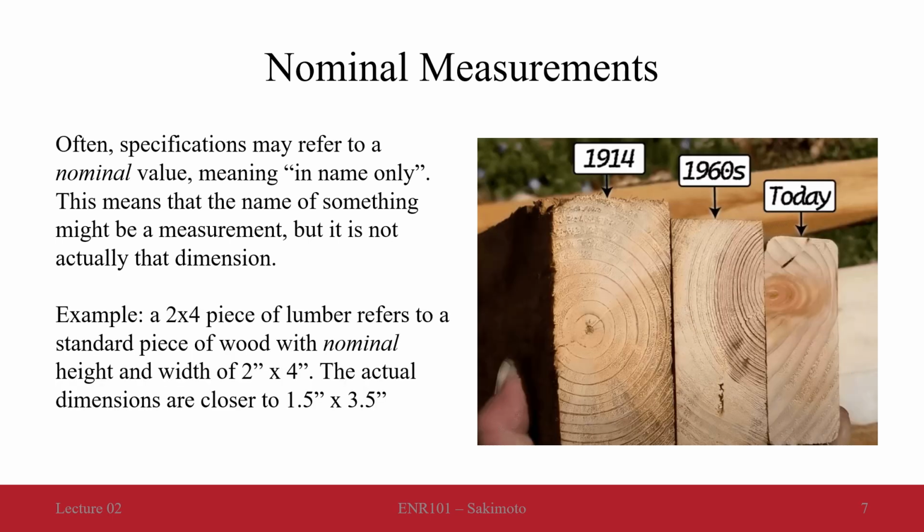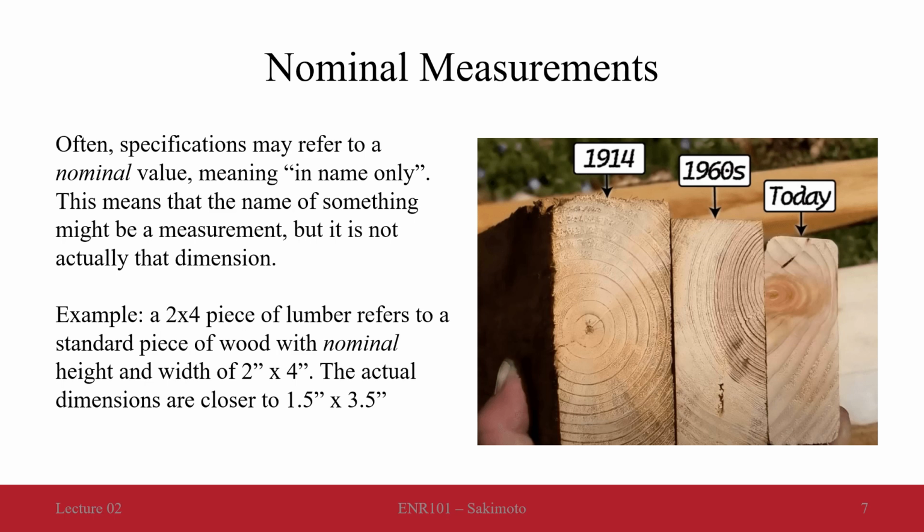For example, if you were to go to Home Depot and buy some lumber, you'd likely pick up a piece of 2x4. Now, the name 2x4 nominally refers to a height and width of 2 inches by 4 inches, and that is the approximate dimensions of a piece of 2x4 lumber. But the actual dimensions, if you were to measure it with a ruler or a tape measure, is closer to 1.5 by 3.5 inches.